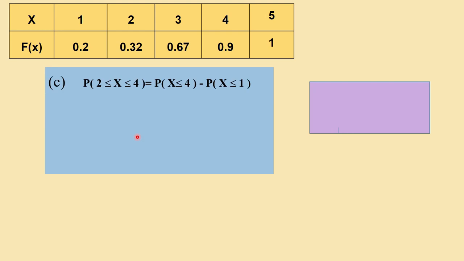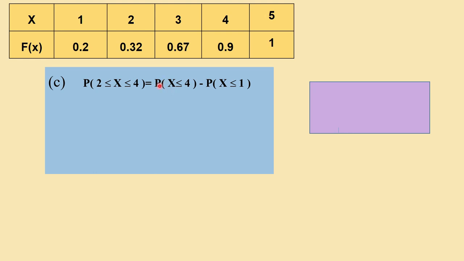C. Find the probability x more than or equal to 2, less than or equal to 4. So note that 2 and 4 are included here, because x is more than or equal to 2, less than or equal to 4. So how to create the formula? Our CDF function is the sum of the probability for less than or equal.